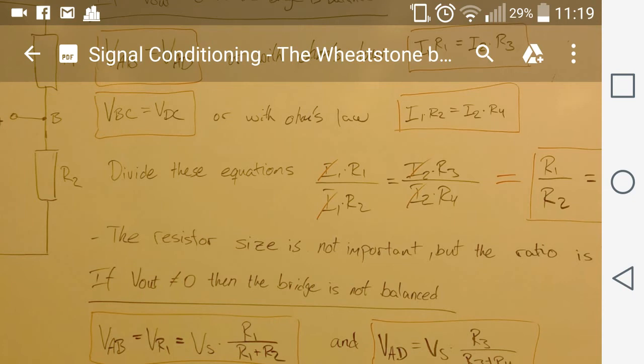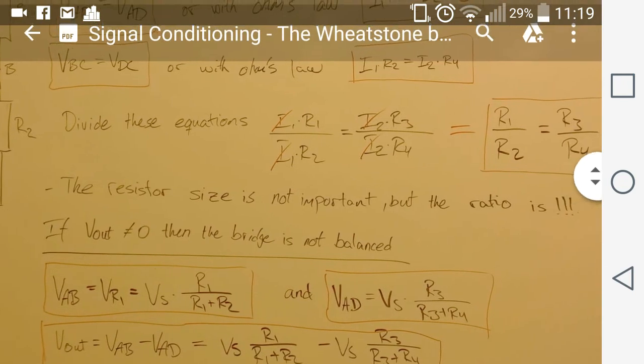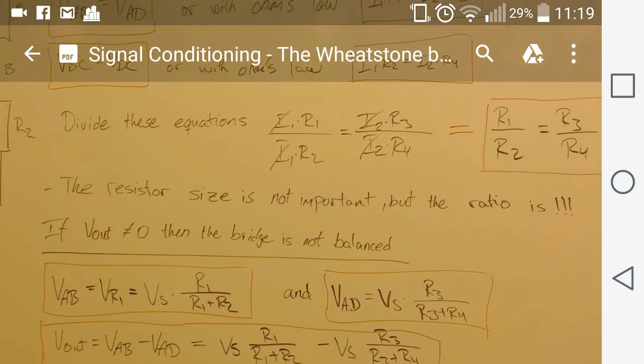If we allow ourselves to divide these equations, we end up with an equation that says the ratio of resistor R1 divided by resistor R2 is equal to the ratio of resistor R3 divided by resistor R4. And this is when the bridge is in balance.